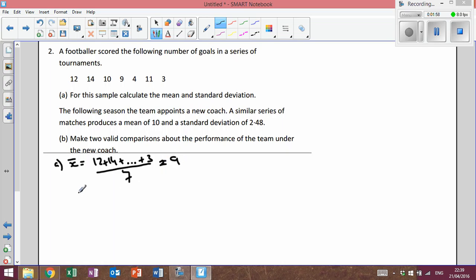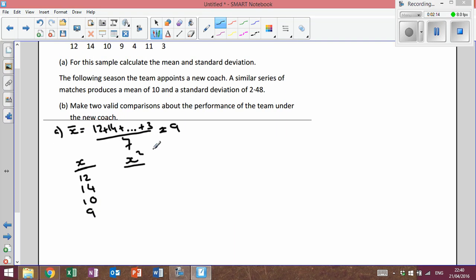So our standard deviation, we know we need 2 different columns. We need our x's and we need our x squareds. Okay, so we've got 12, 14, 10, 9, 4, 11, and 3. Okay, that's our x's.